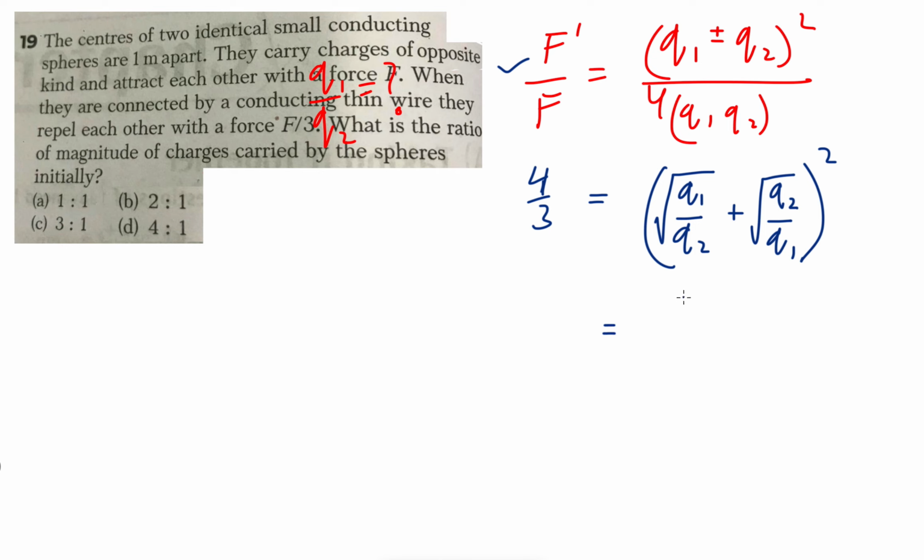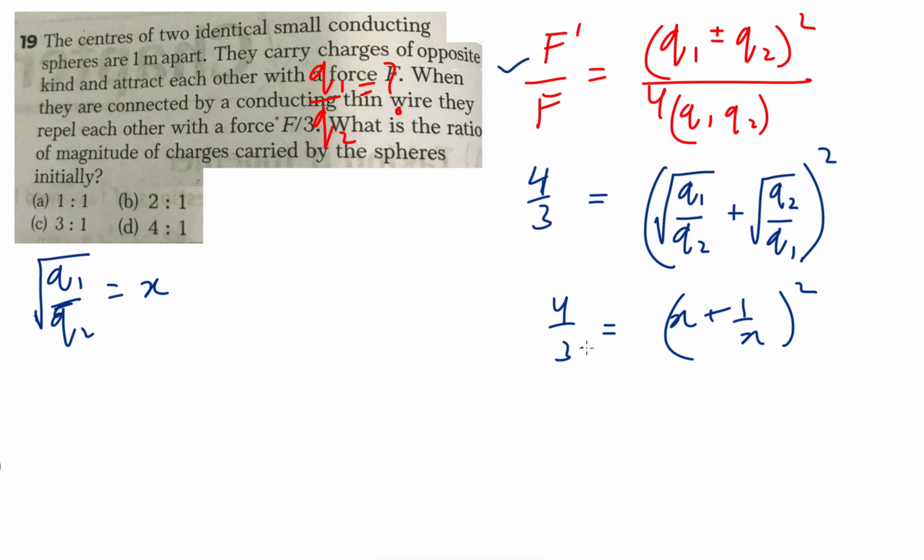So if q1 by q2 is asked, perhaps you are going for root of q1 by q2 equal to x, then you call it x plus 1 by x the whole square. Now you can choose to plug in the options over here.